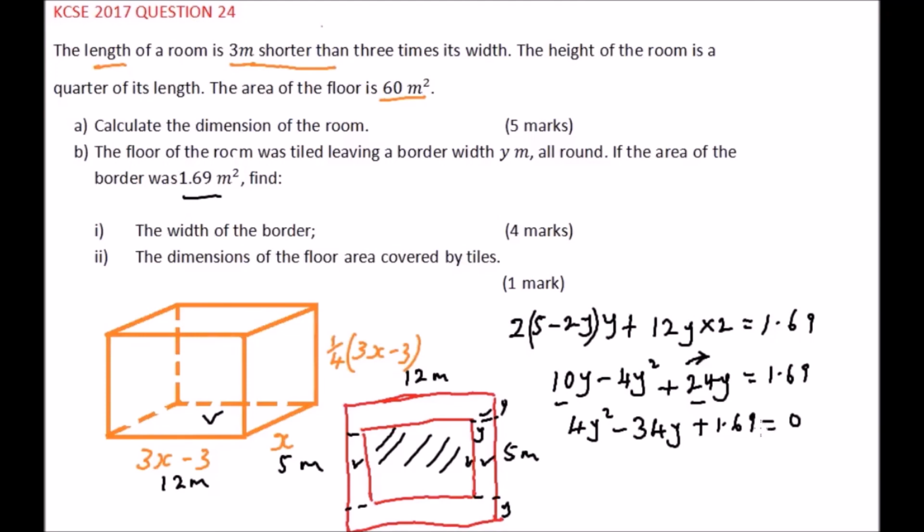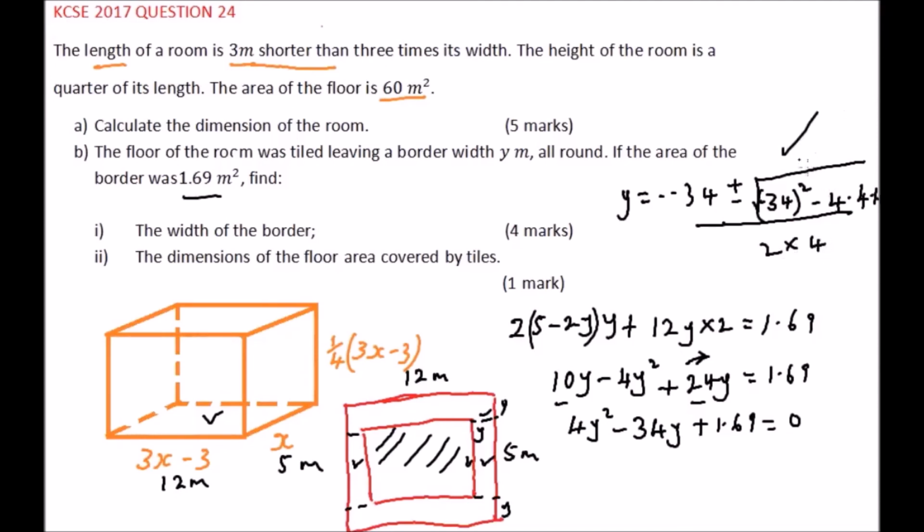Now this becomes a quadratic equation, and using the quadratic formula, we can solve this and say our y is equal to minus minus 34 plus or minus the square root of minus 34 squared minus 4, where a is 4 and c is 1.69, all divided by 2a, which is 2 multiplied by 4.